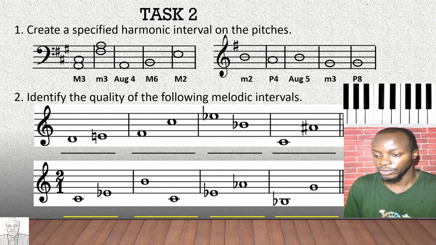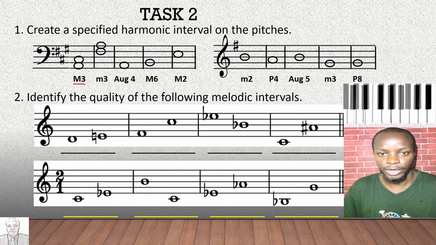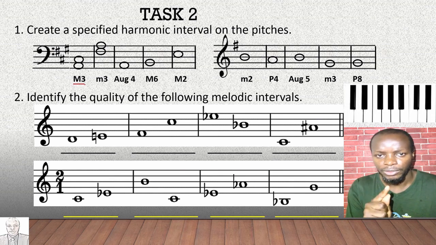To answer these questions, you also need to know the specific number of semitones between each interval specified for this exercise. For instance, for this first exercise, it says major third, right? You should know that in a major third there are 4 semitones in it.